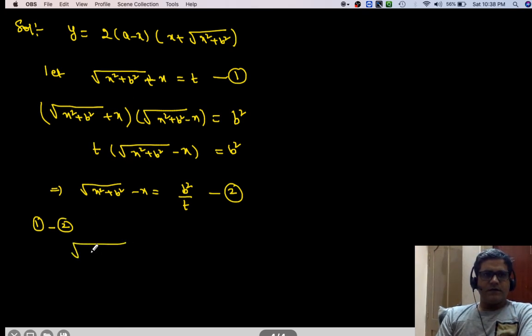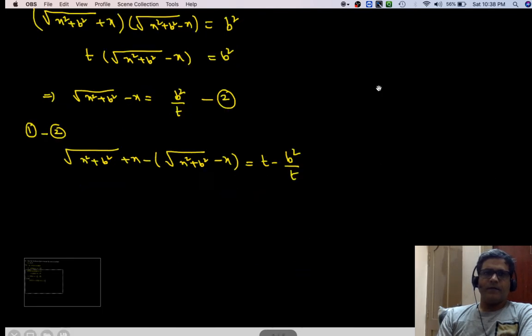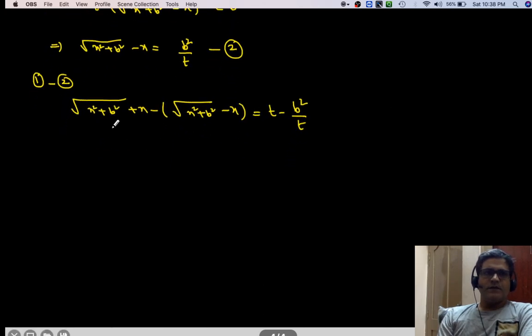That is (√(x² + b²) + x) − (√(x² + b²) − x) = t − b²/t. Here x² + b² cancels, and minus minus is plus, so 2x = t − b²/t. That implies x = (1/2)(t − b²/t).